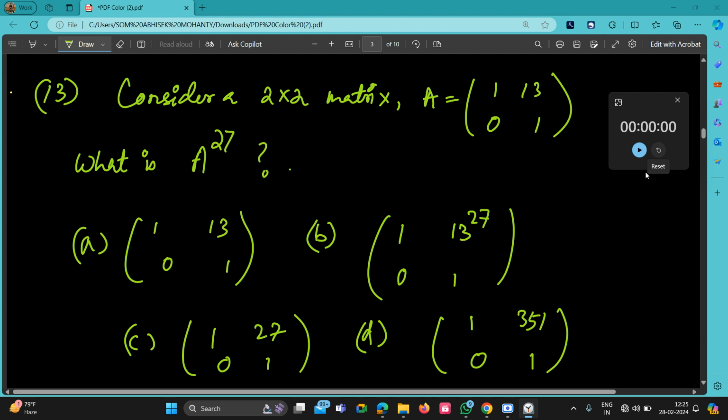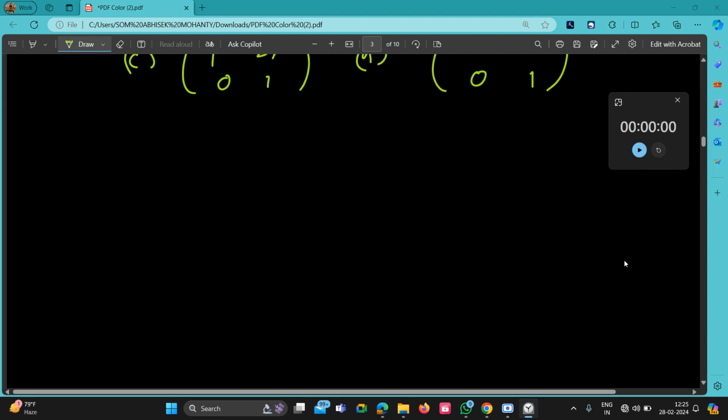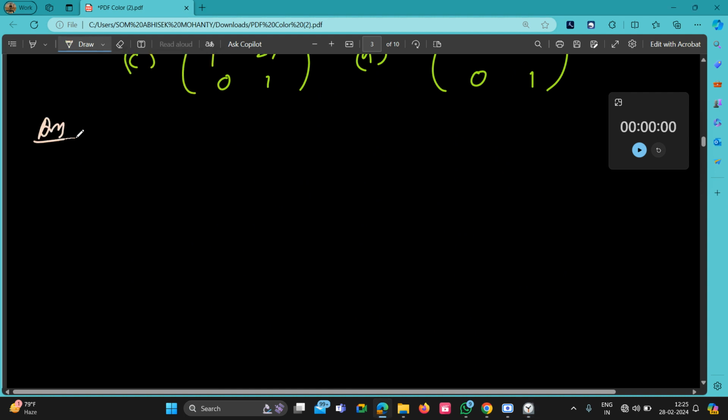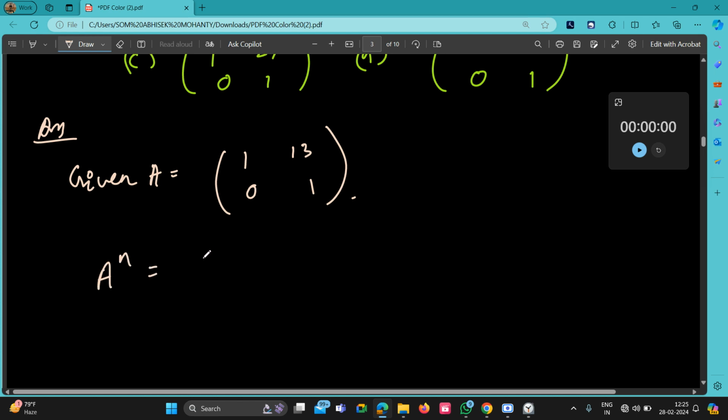Okay. So how to solve this question? See, what is given? Given A is equal to [1 1; 3 0 1]. Okay. So it can be easily proved that we know there is a formula for it, that is A to the power n is equal to [1 13n; 0 1].